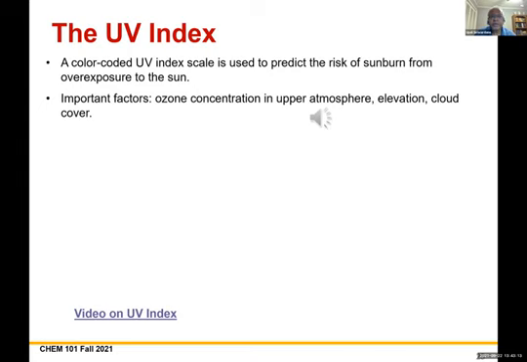Important factors in deciding the UV index are ozone concentration in the upper atmosphere, elevation, where you live, cloud cover, etc. So if you live at high elevation, you get more exposed to UV.